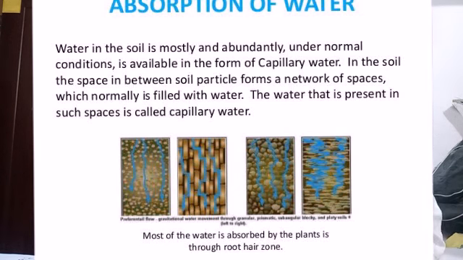This way we can repeat this experiment with different types of soil. Like first we can do it with sandy soil, then clay soil, then loamy soil. In this way we will be able to understand which soil has the highest capacity of water absorbing, and which has the lowest capacity.